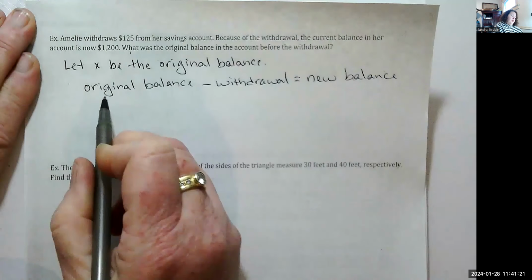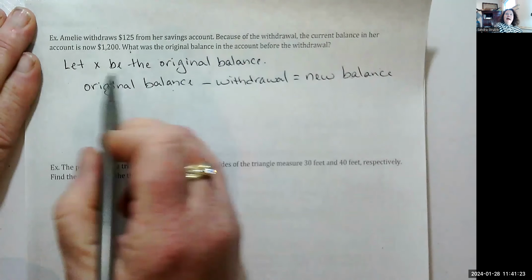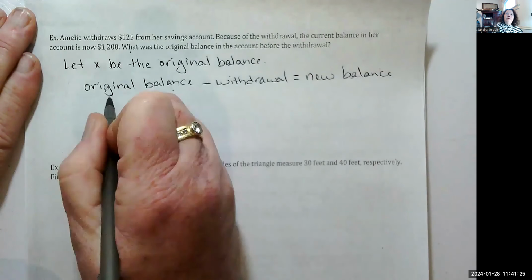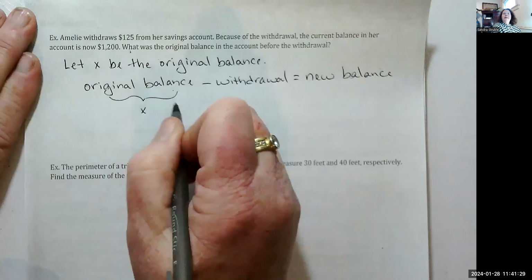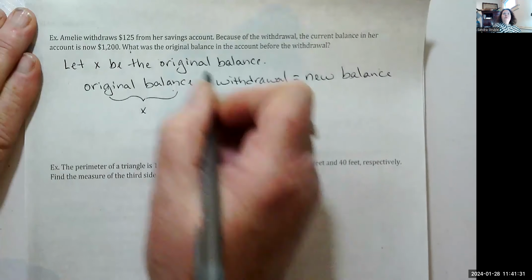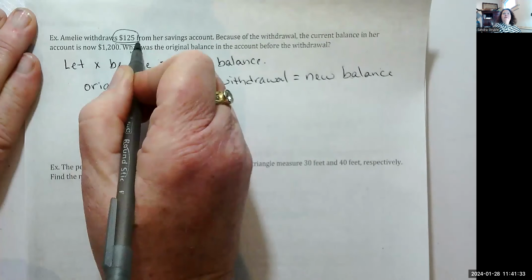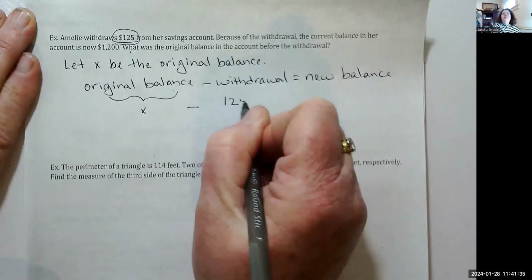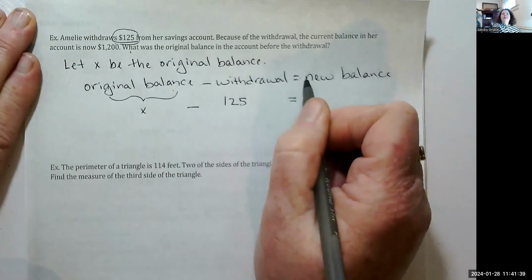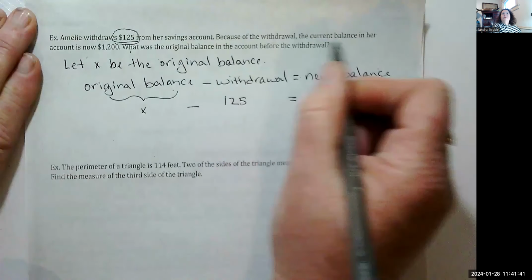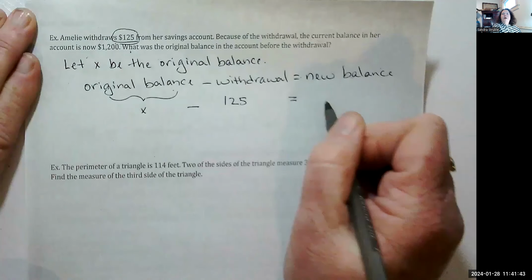All right. So our original balance we're labeling as X. So I'm going to substitute and put X in. Minus the withdrawal. Well, the withdrawal was $125. Equals, I'm bringing my signs down, my new balance, the current balance is now $1,200.